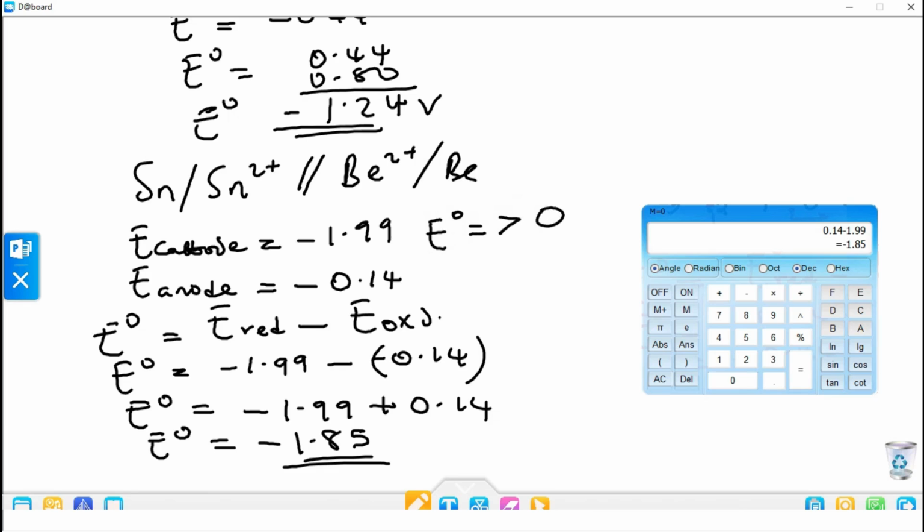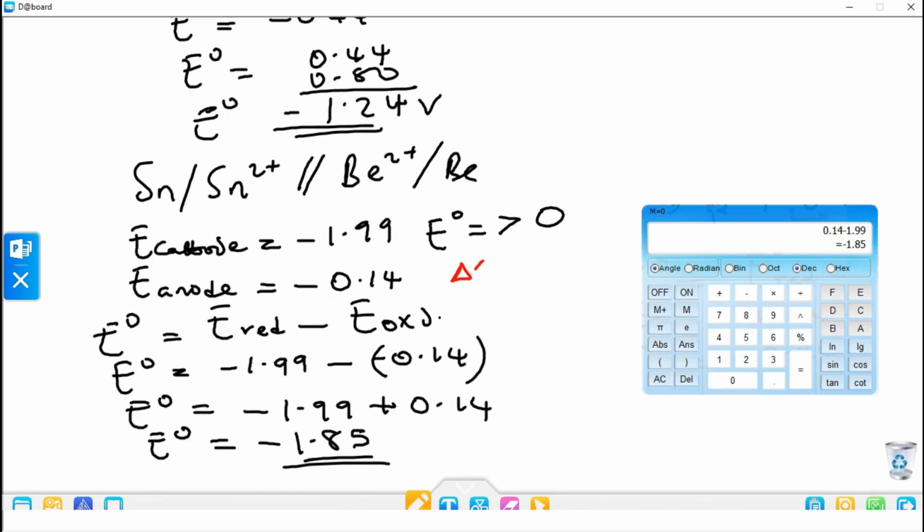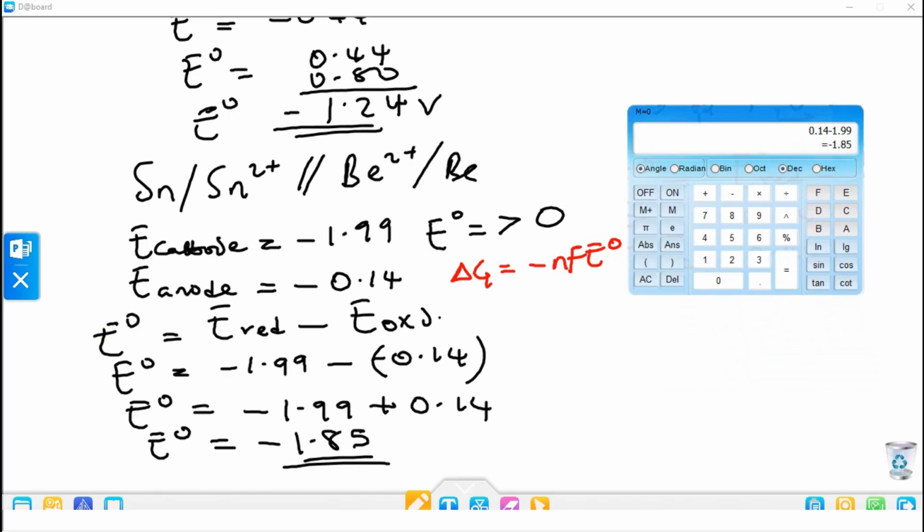And from our rate of reaction knowledge, we have been told that delta G is equal to minus nFE naught. So if our delta G is going to be spontaneous, it must be this.